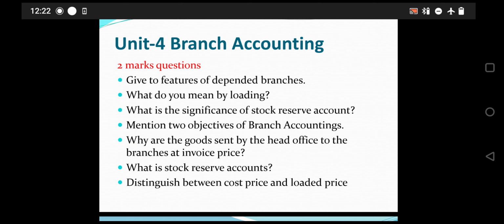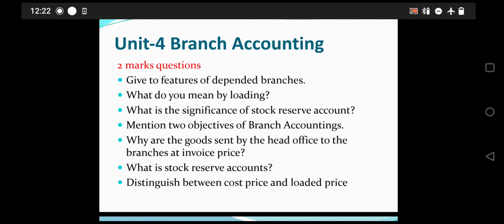A feature is that the goods are supplied from the head office and those goods should be sold by the branch office. Dependent branches will not have any right to purchase goods directly from outside. They have to sell only the goods which come from the head office.